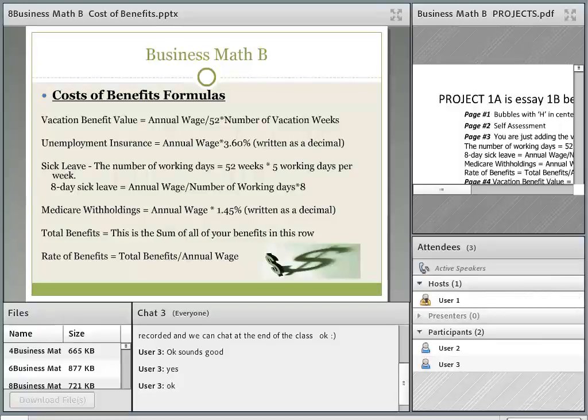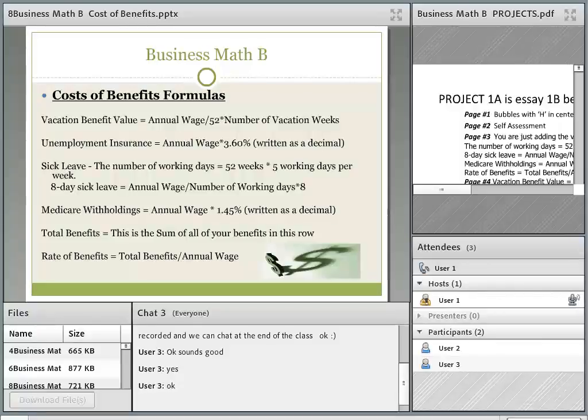To find a rate, whenever you see the word rate, a lot of times you're going to think percent. To find your rate of benefits, you're going to take the total sum of all the money they've paid, total benefits, and divide it by your wage. Okay? Let's do a simple, not really realistic example to give you an idea.